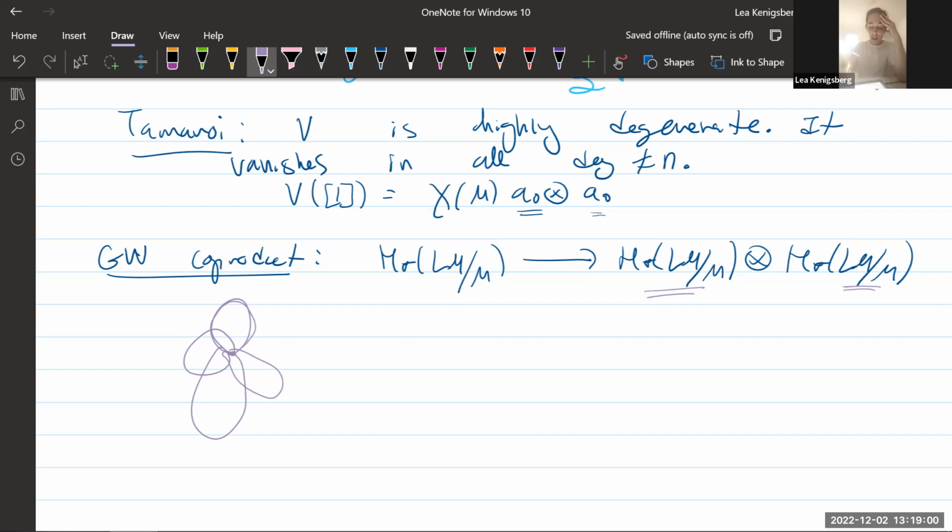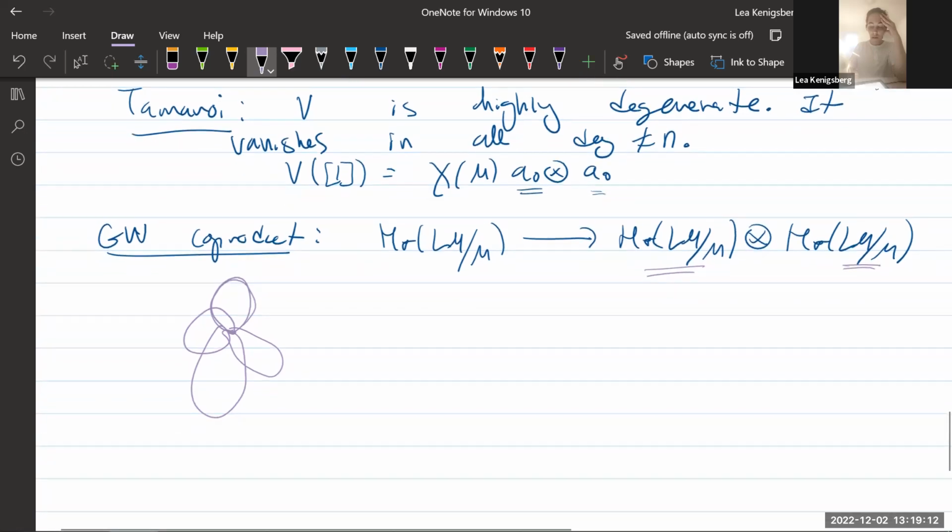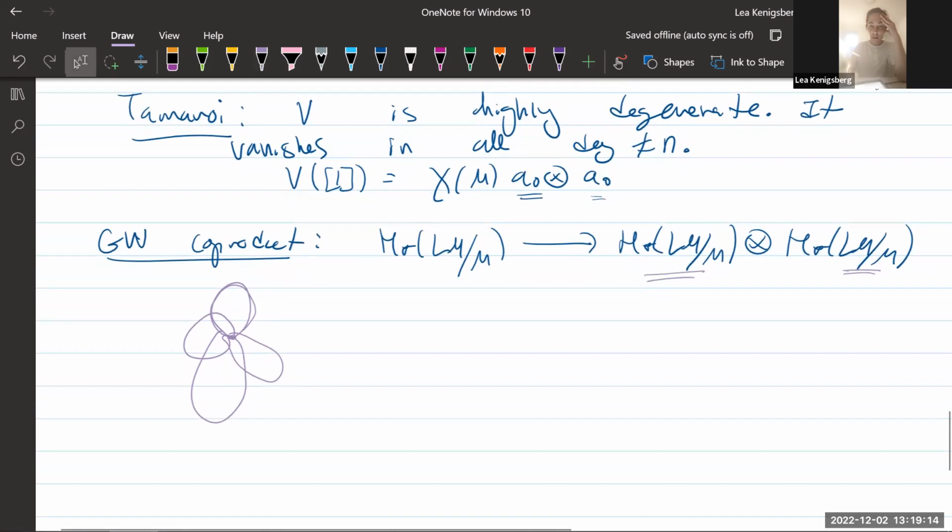Okay, so you can ask what kind of information these operations know about M, the manifold M. Initially, when Chas and Sullivan defined the Chas-Sullivan product, they were hoping that it would know more than just the homotopy type of the manifold.